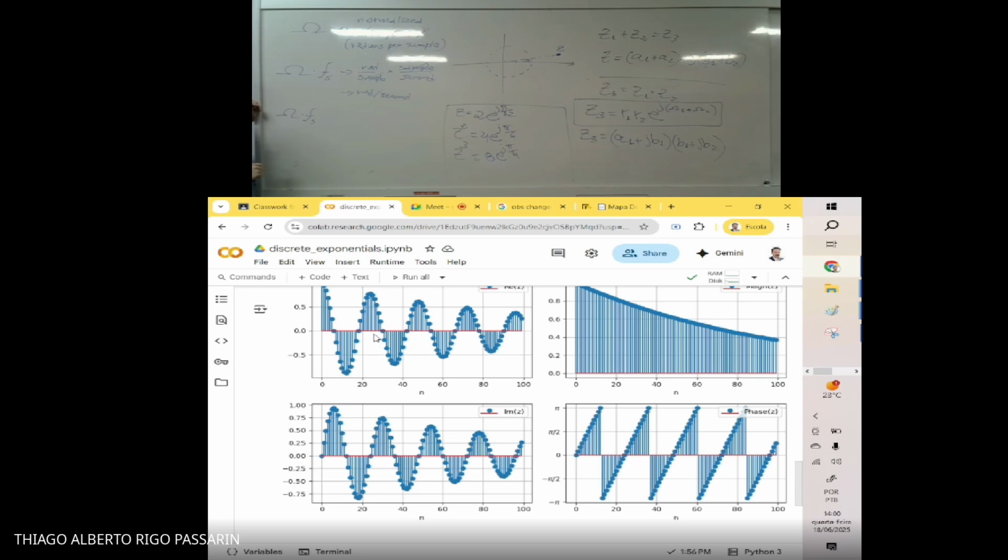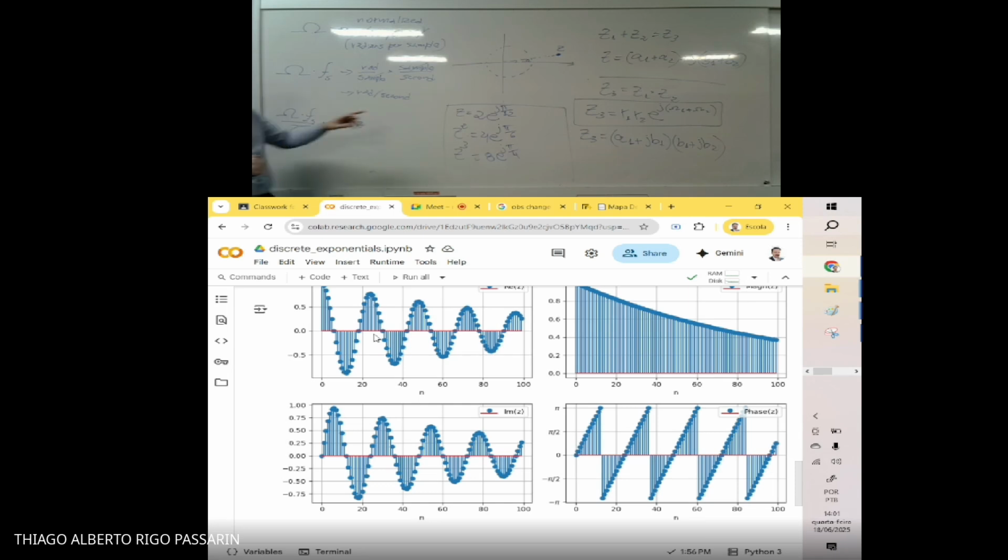I want to go to hertz. I need to divide by 2 pi. Then I get hertz.